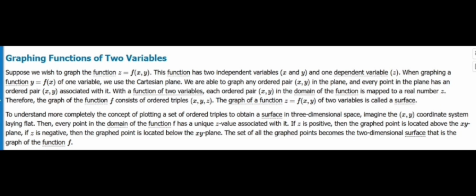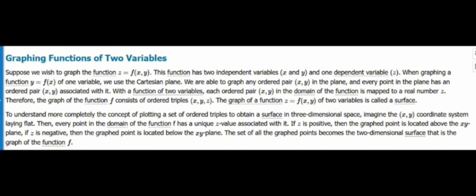When graphing a function y equals f of x of one variable, we use the Cartesian plane. We are able to graph any ordered pair x, y in the plane, and every point in the plane has an ordered pair x, y associated with it.